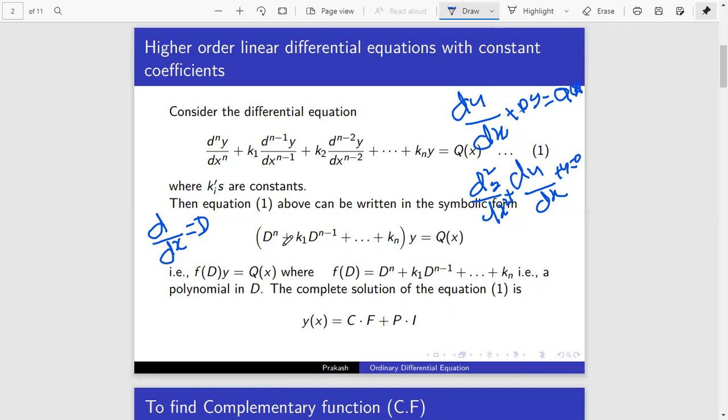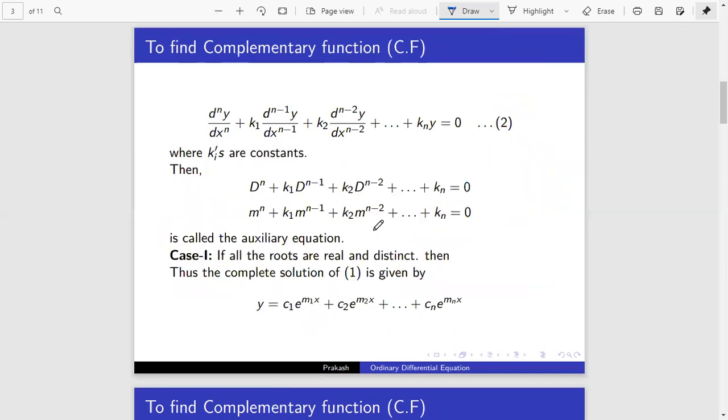The solution is of the form complementary function plus particular integral. If the right hand side equals 0, then the particular integral is 0. In that case, we can find only the complementary function. Now we will see how to find the complementary function.